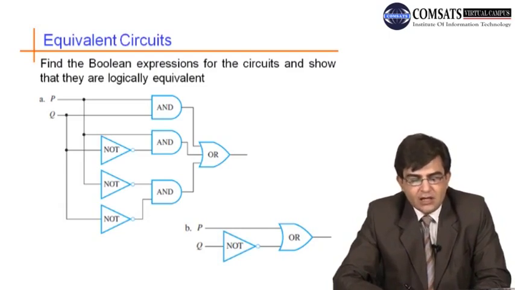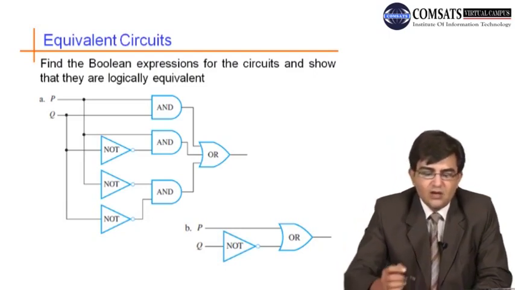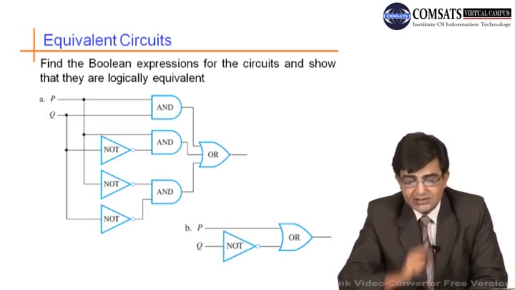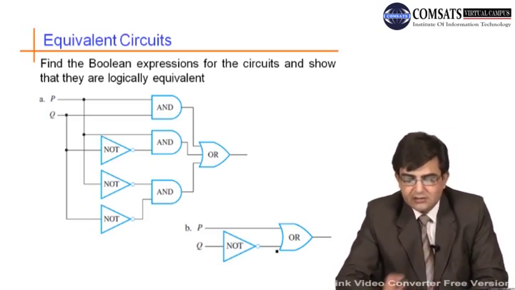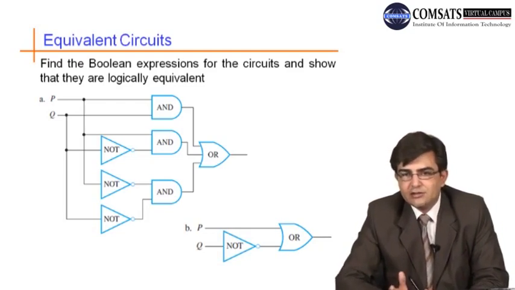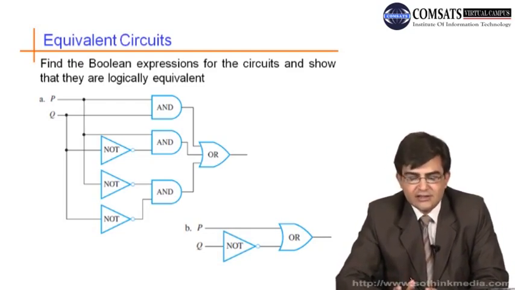The first is to find the Boolean expression for both circuits. Then by using the laws of logic, we prove that this Boolean expression is logically equivalent to the Boolean expression corresponding to this circuit.